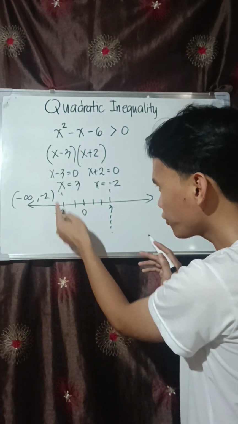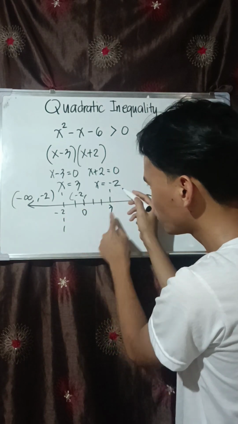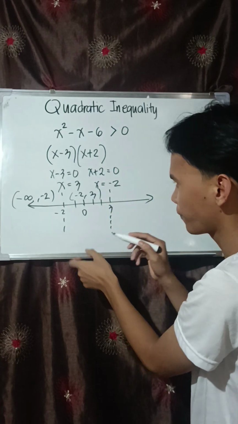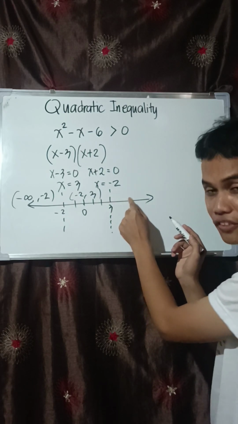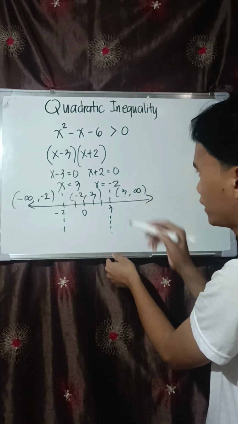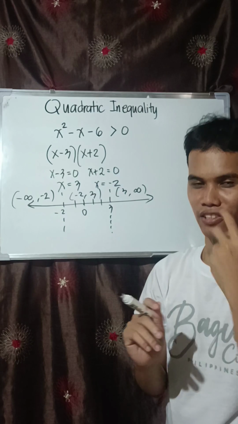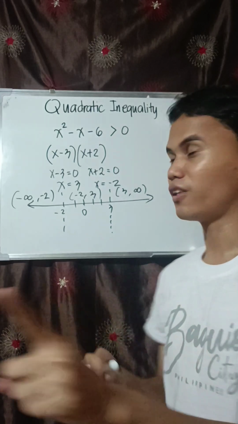So, for the second interval dito, in between negative 2 to 3. And sa pang third interval, we have 3 to positive infinity. So, from each interval, kukuha tayo ng isang test value.